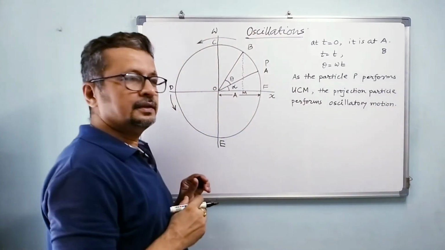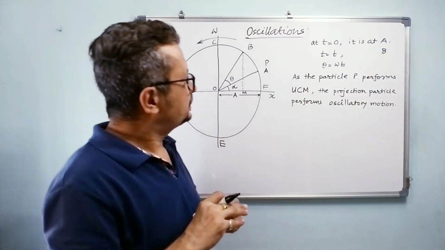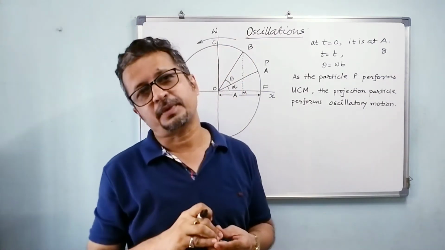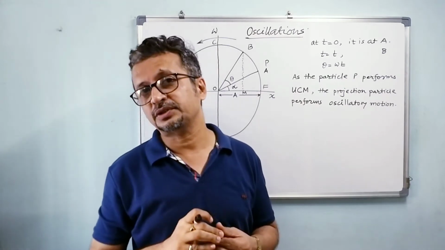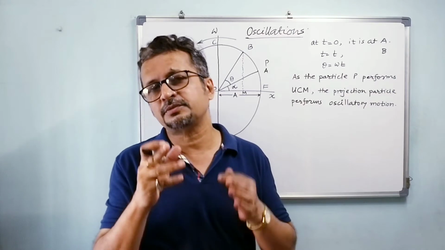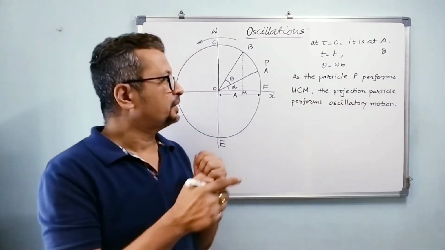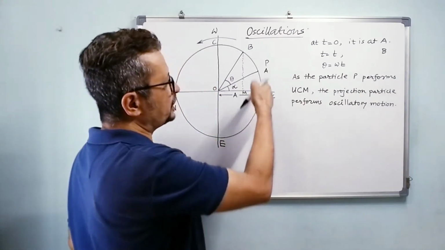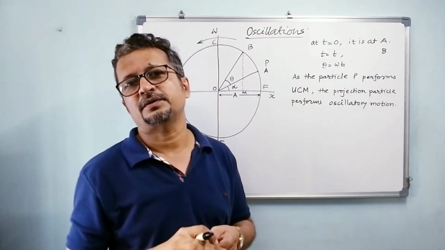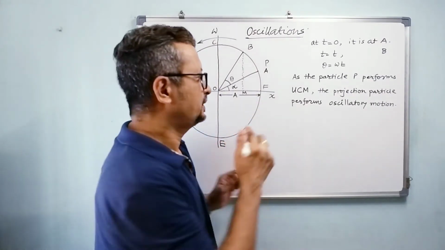Correct? Now you know that the angular speed of this particle performing uniform circular motion is omega. Correct? So that means this particle P is completing one revolution. In how much time?